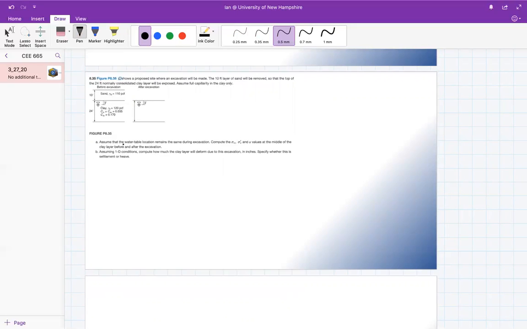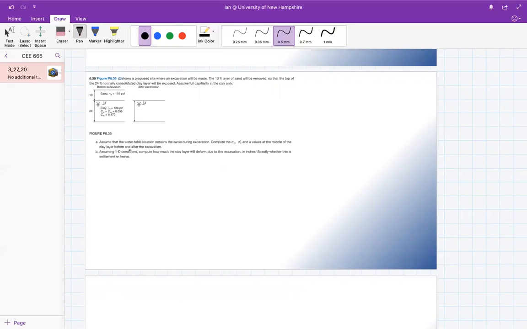Assuming that the water table location remains the same during excavation, we need to compute the total vertical stress, the effective vertical stress, and the pore water pressure values at the middle of the clay layer before and after excavation. And then assuming 1D consolidation, compute how much the clay layer will deform due to this excavation in inches. Specify whether this is settlement or heave.